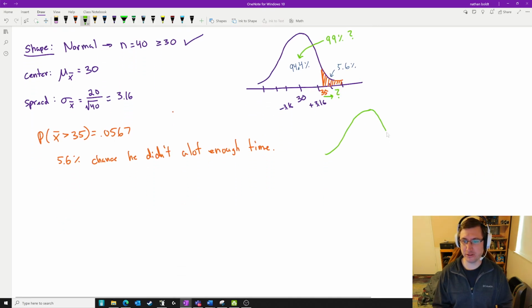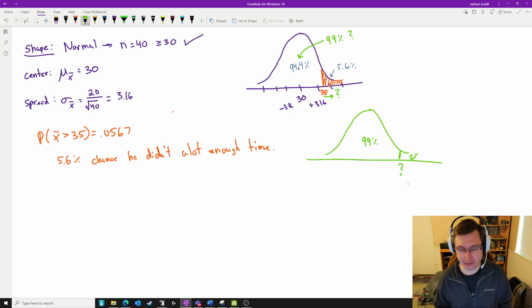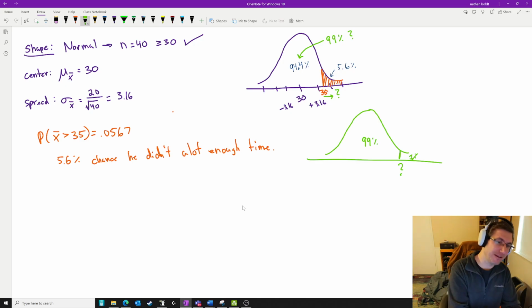All right, so here's my normal model. I want 99% over here, which means I'm going to have 1% over here. Where is the boundary? How are we going to do that? I'm hoping this is coming back to you. How do we go backwards? I gave you an area. I want the boundary.